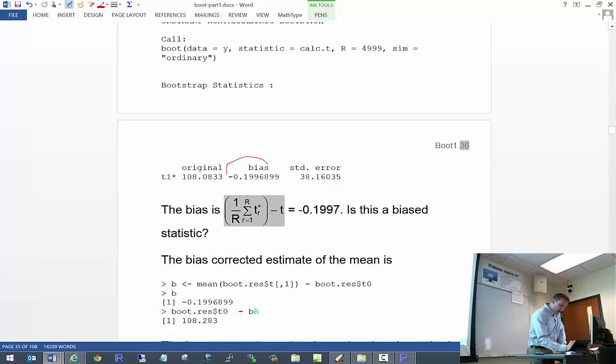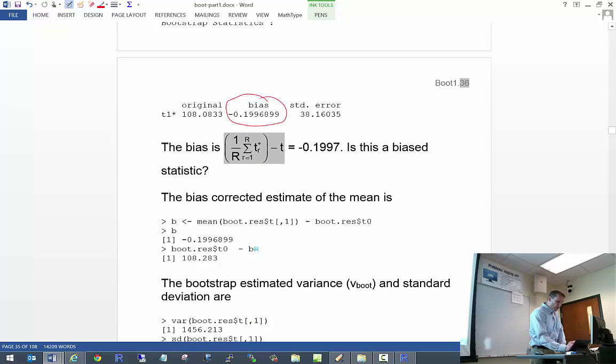Here was my bias that's automatically printed from the print.boot function. And I actually give you some code that shows how one could calculate it by taking out all the t stars from boot.res and also taking out the original value of t from boot.res. And I get exactly the same value as what's given in the output.